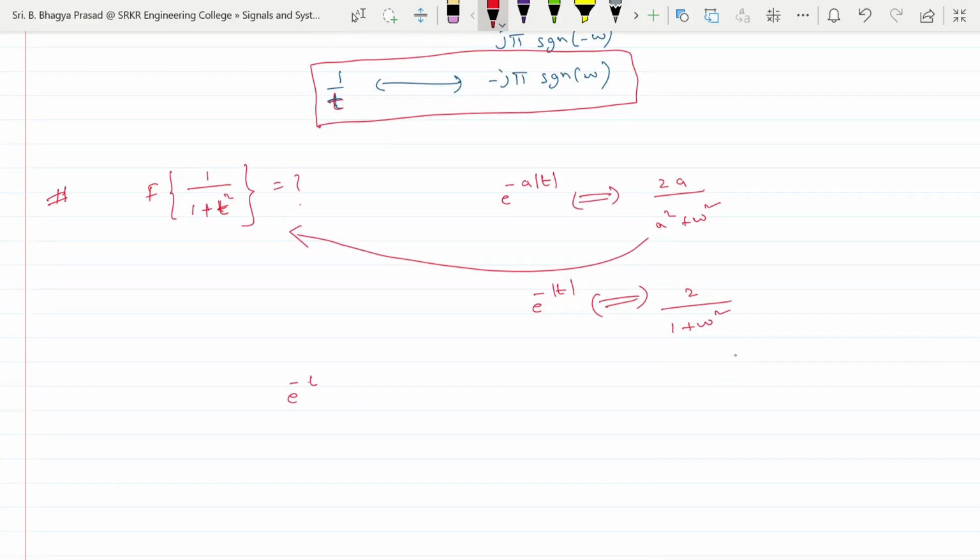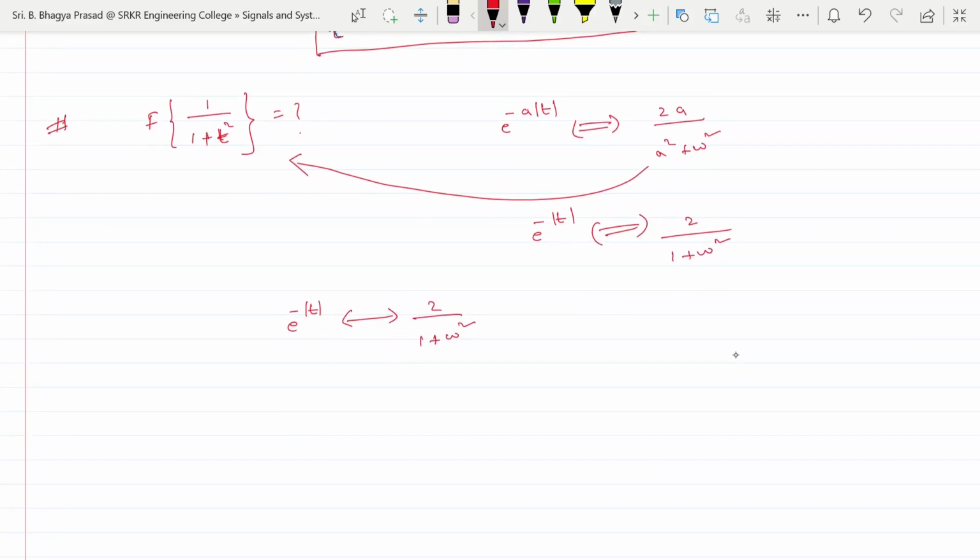I will bring this 2 to the right hand side, so e power minus mod t by 2 has Fourier transform 1 by 1 plus omega square.